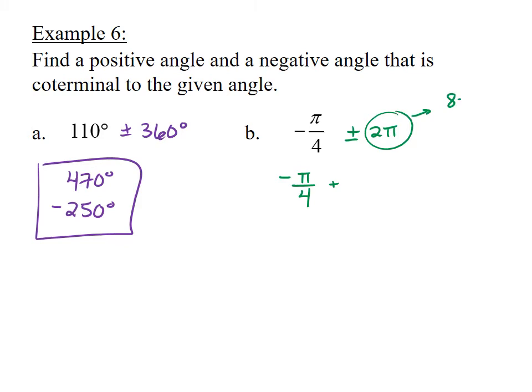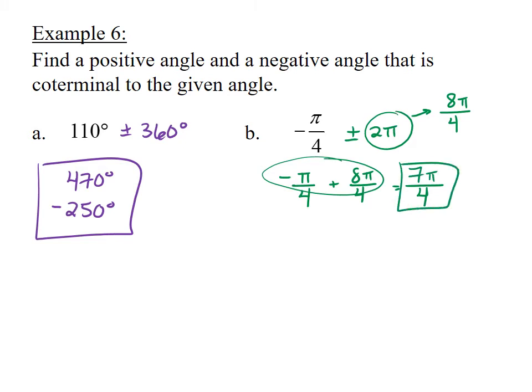I know that 8 pi divided by 4 is the same thing as 2 pi. So I'm going to add 8 pi over 4. When I'm adding fractions, if the denominator is the same, you keep it the same, and then you add the values on top. This will give me a 7 pi. So one coterminal angle is 7 pi over 4.